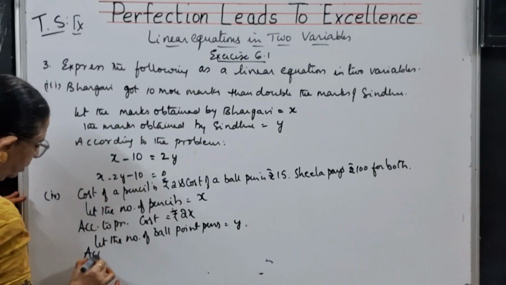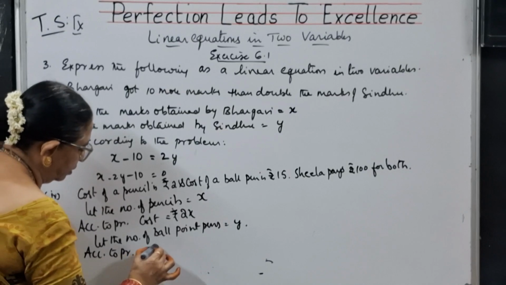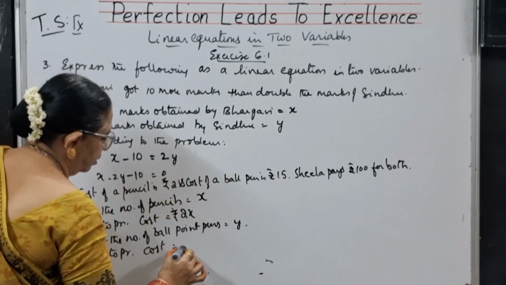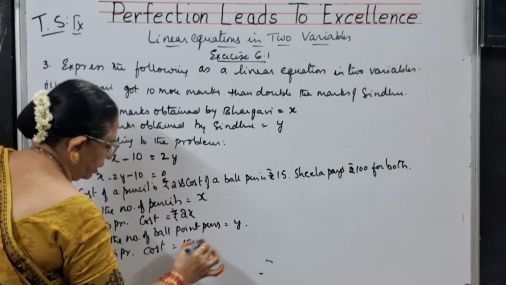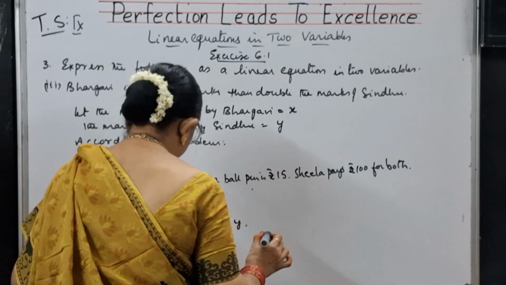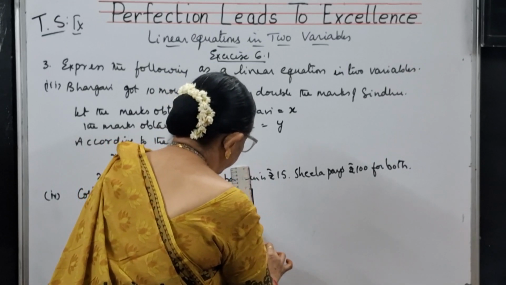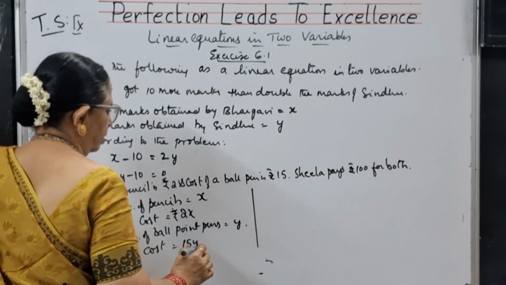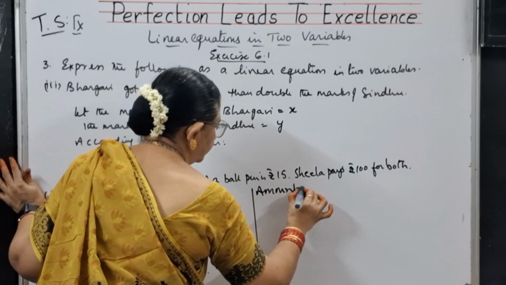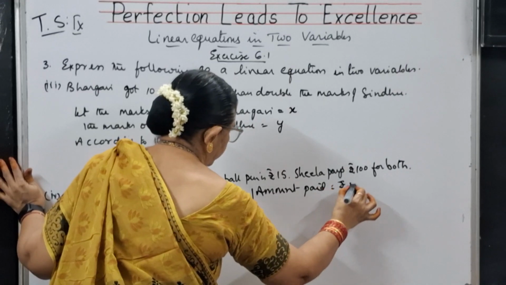Then according to the problem, each one is costing 15, so it is 15y. Okay. So now the total amount paid. How much amount has she paid? Amount paid is rupees 100.